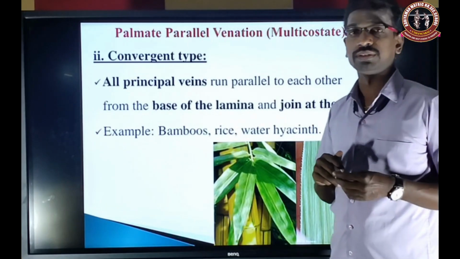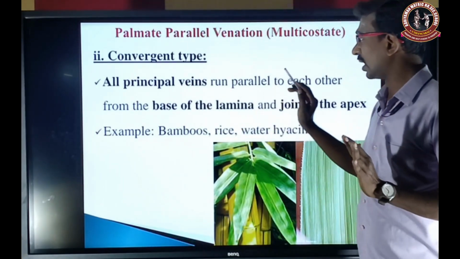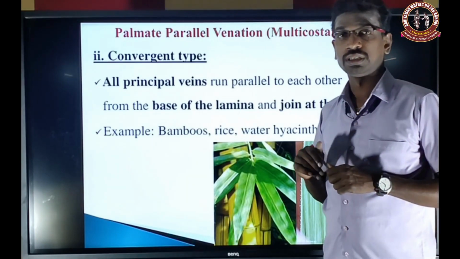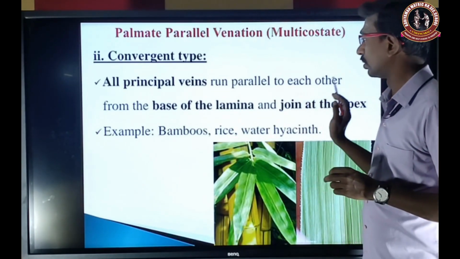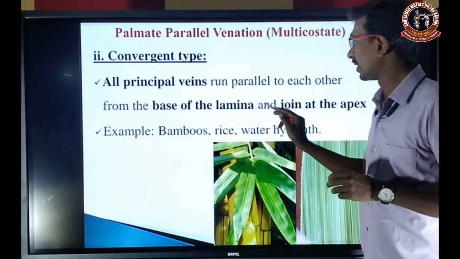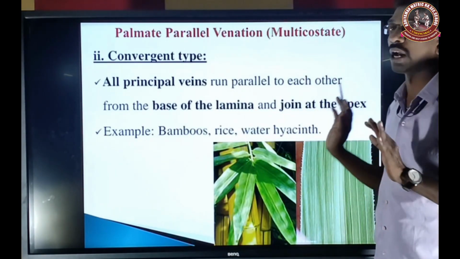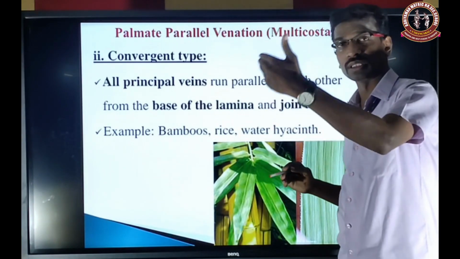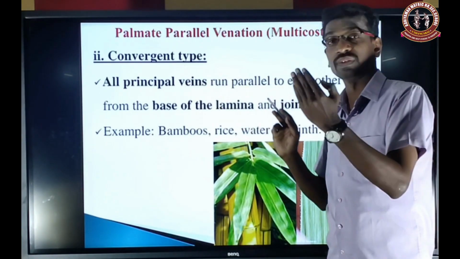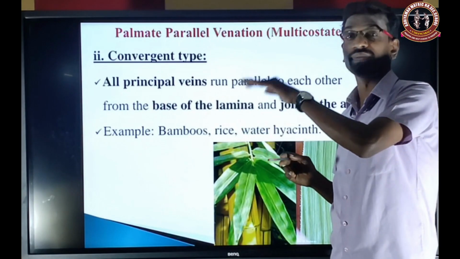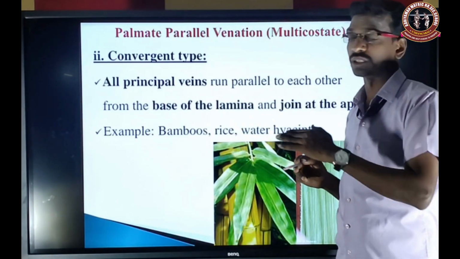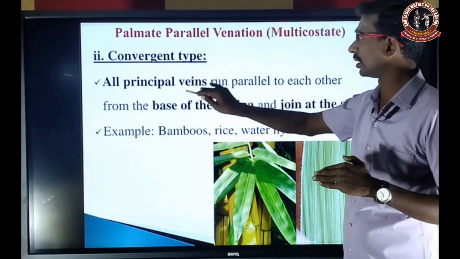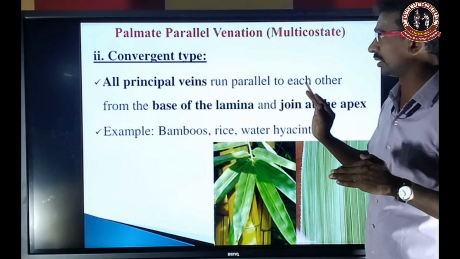Next, the convergent. All the principal veins run parallel to each other from the base of the lamina and join at the apex. This is the same thing we saw in convergent palmately reticulate venation.